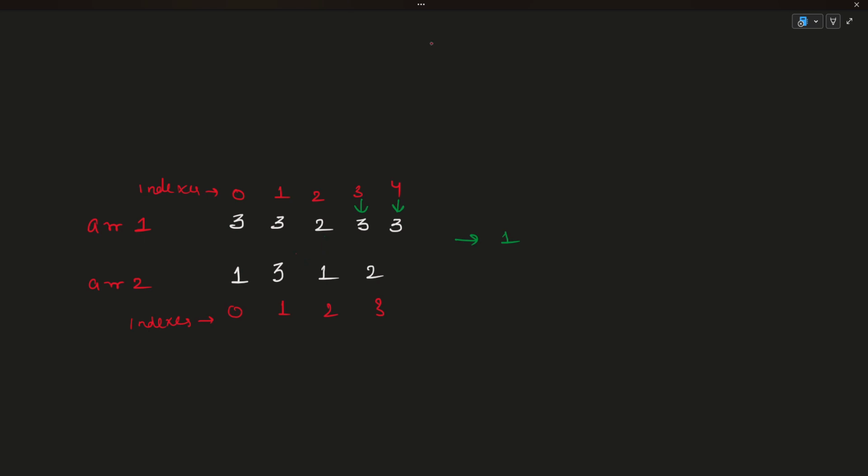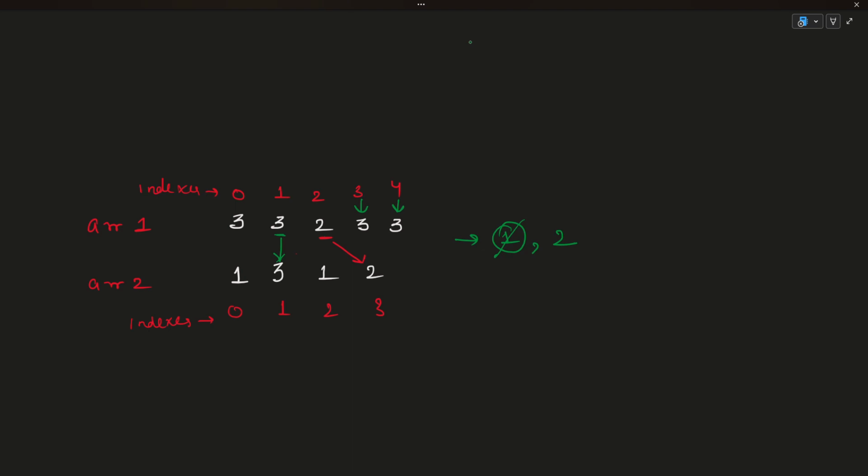So in this case the answer will not be modified, but when I come to this 2, I can connect this 2 with this particular 2, and after that I can connect this 3 with this particular 3. So in this case the answer is maximized, and the answer for this example is 2.